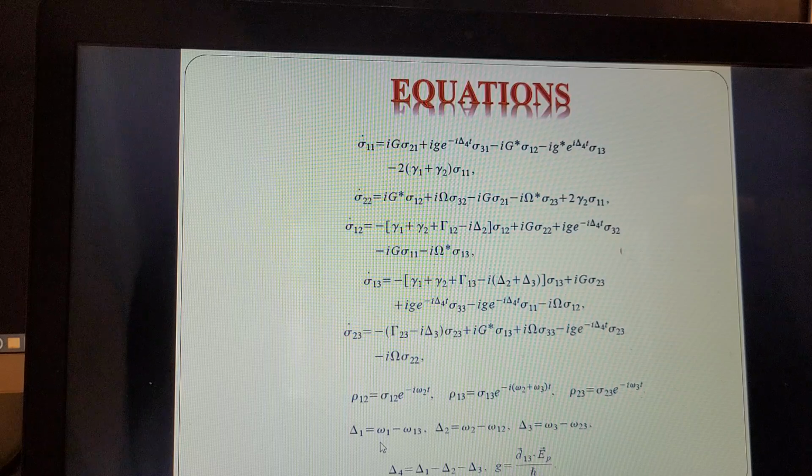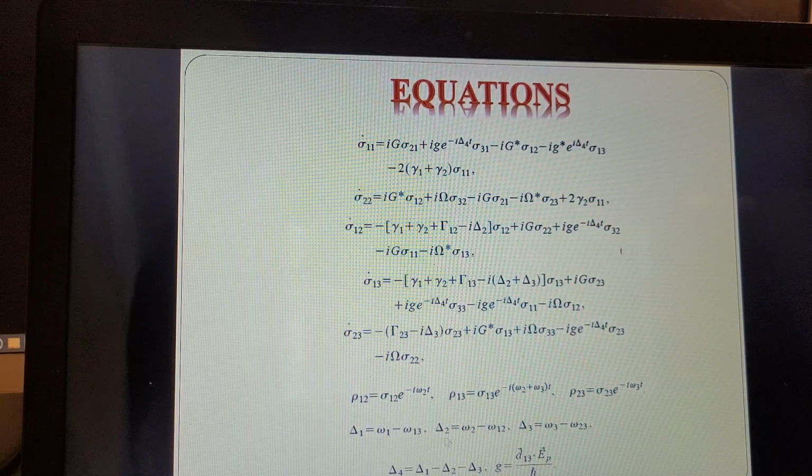Detuning is very important for us because by using it we can manipulate and control the optical properties of the medium, and based on different states we can define different detunings.